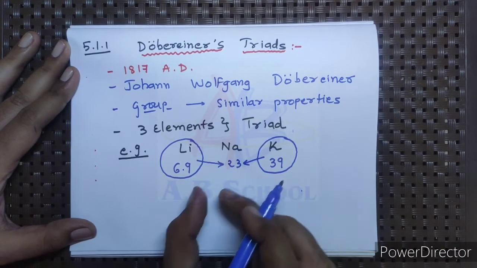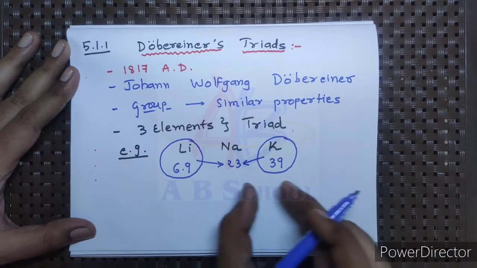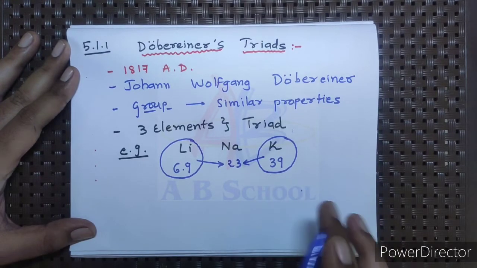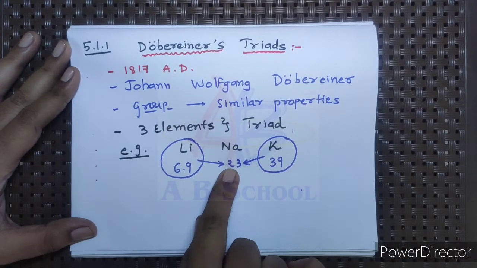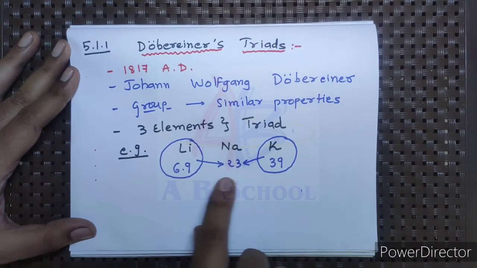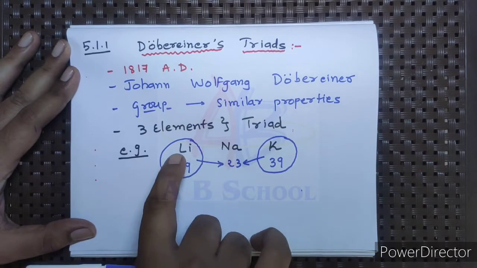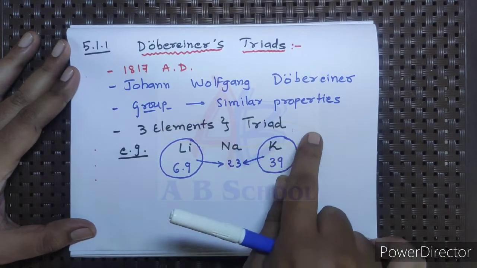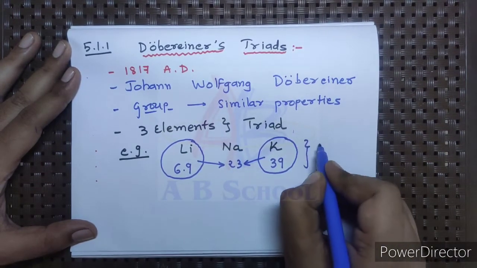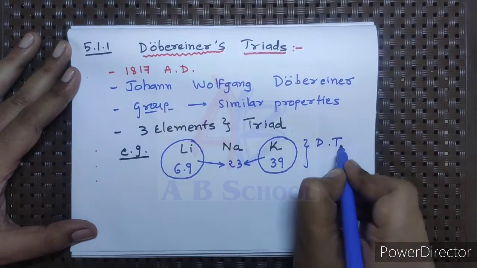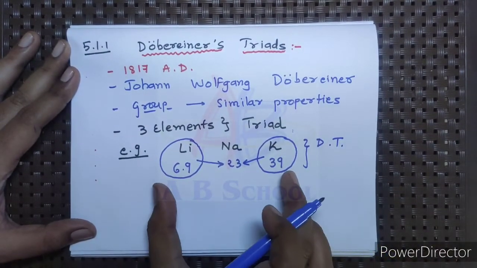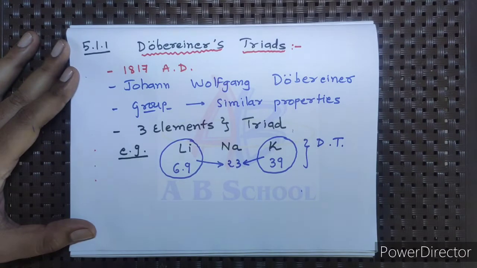Let us check whether the average atomic mass of lithium and potassium resembles the atomic mass of sodium or not. And if the average mass of these two comes close to 23, then lithium, sodium and potassium will be called a Döbereiner triad.